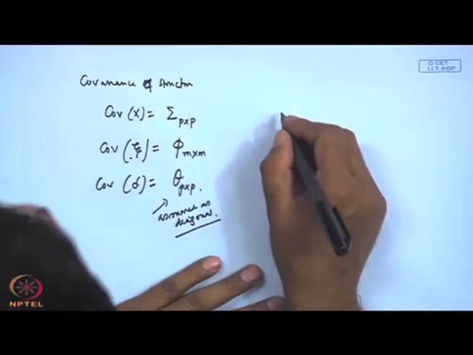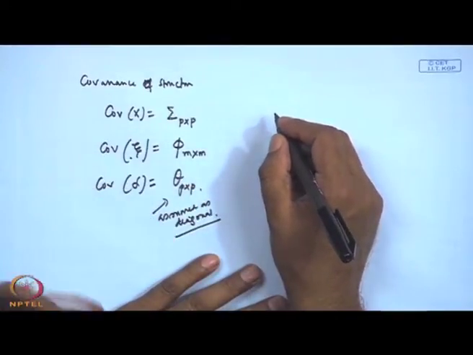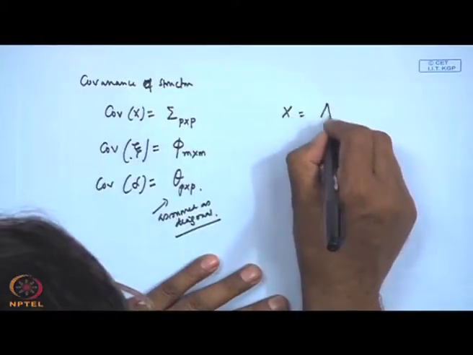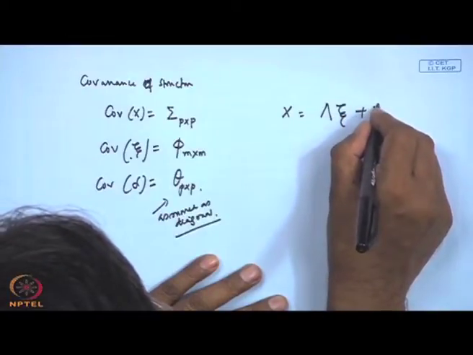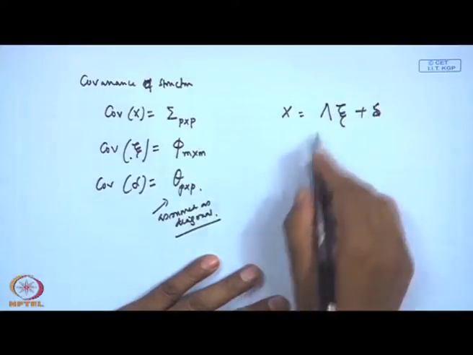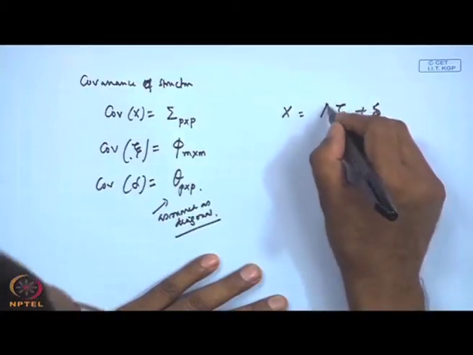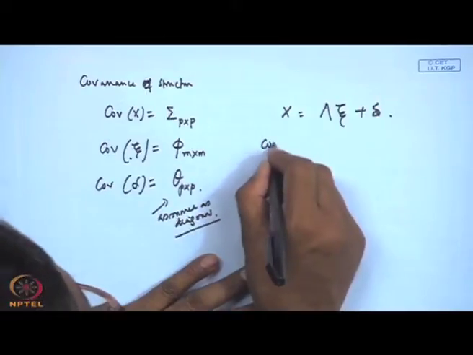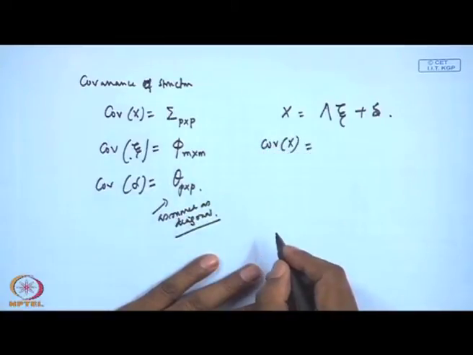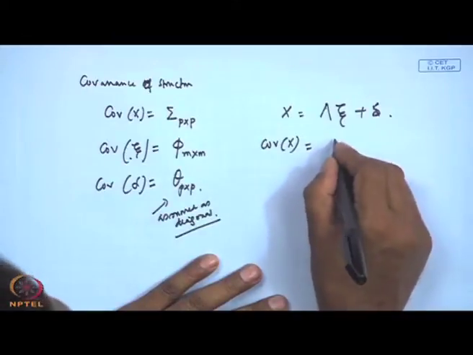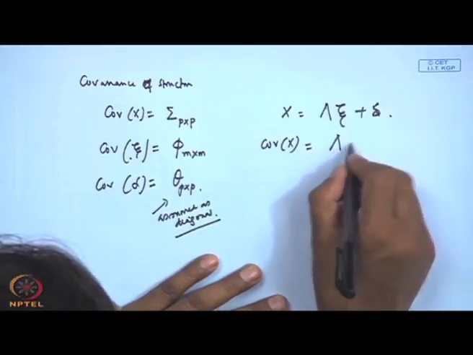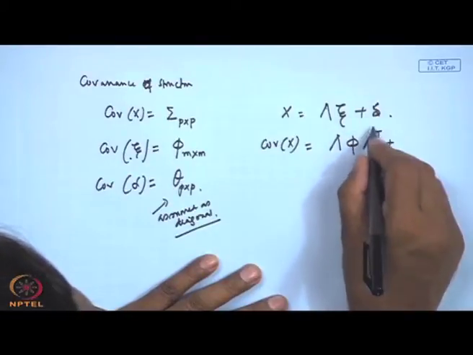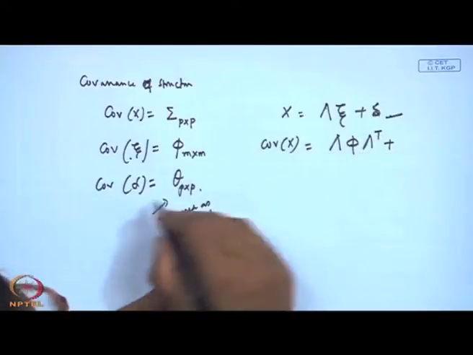You have seen earlier in exploratory factor analysis that we wrote x equals capital lambda xi plus delta. Now, if you find the covariance of x, you will get lambda phi lambda transpose plus the covariance of delta, which is theta.